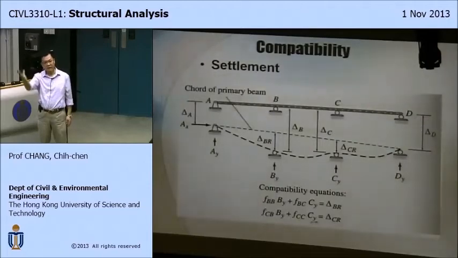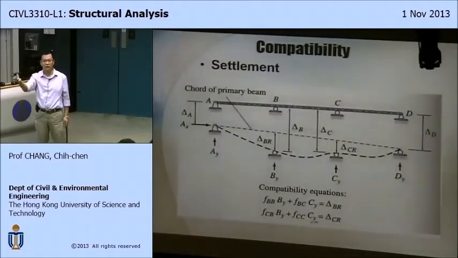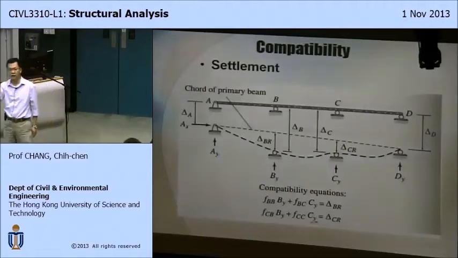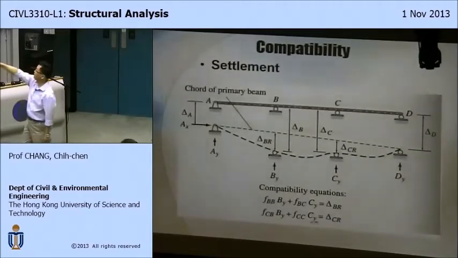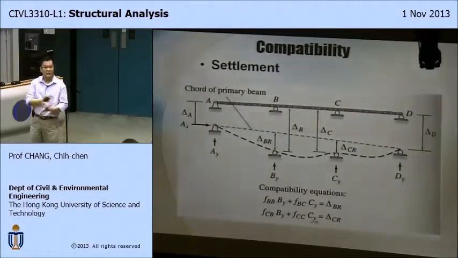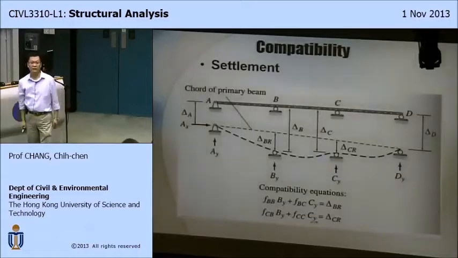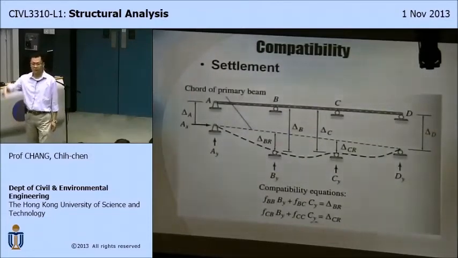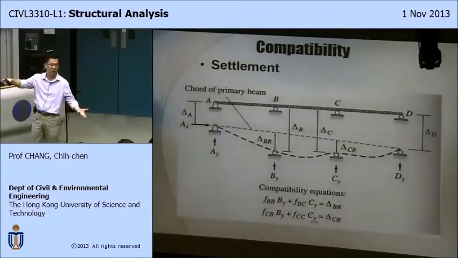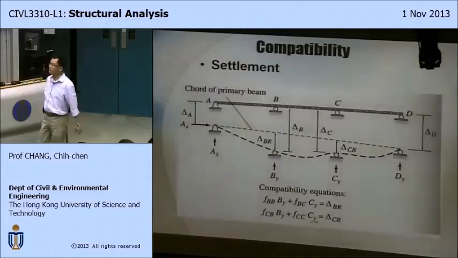So this kind of settlement does not introduce any forces into your structures. If the structure is like that, and you settle in a straight line fashion, then you don't see any force from the support because it's a rigid body. No curvature, no bending moment, no shear force, nothing developed in the structures, right? So it's fine. If the structures just settle like that, no worry.